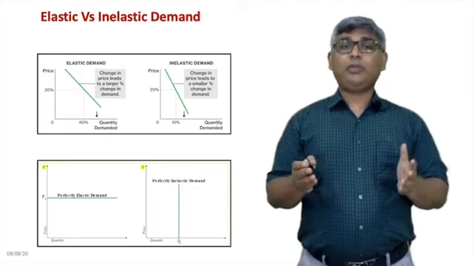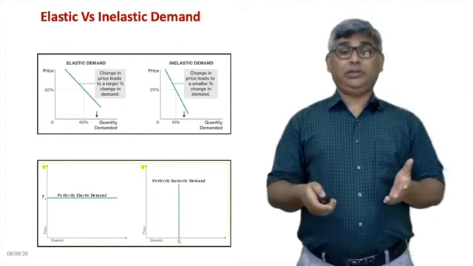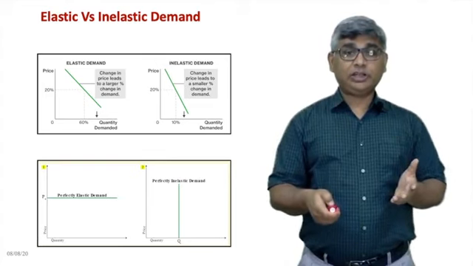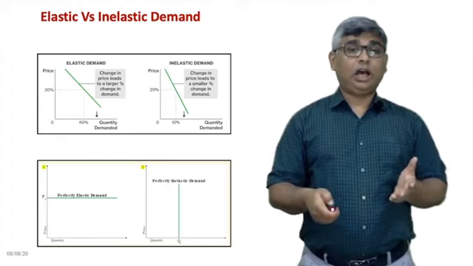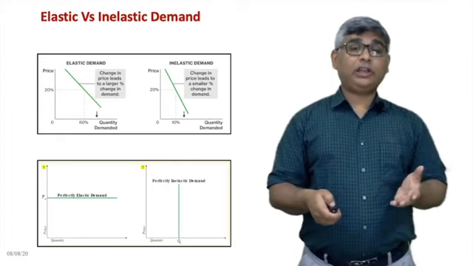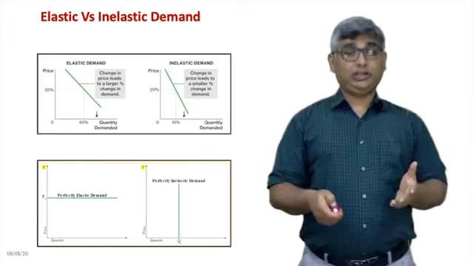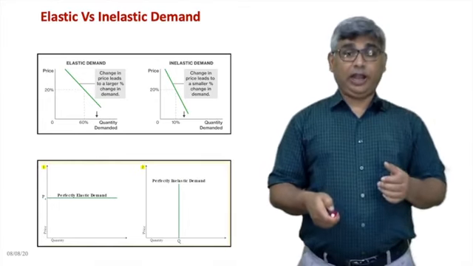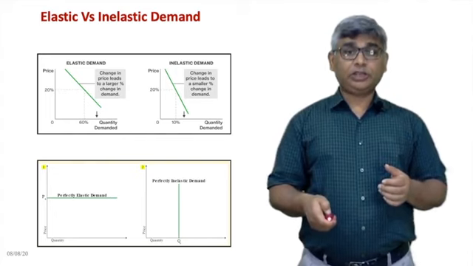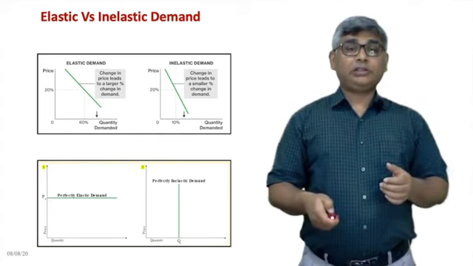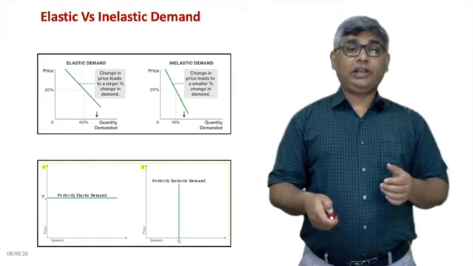That kind of demand is known as inelastic demand. There is a price change, but the change in demand is very less. On the other hand, if there is a vast fluctuation in the demand with respect to price, then that is known as elastic demand.